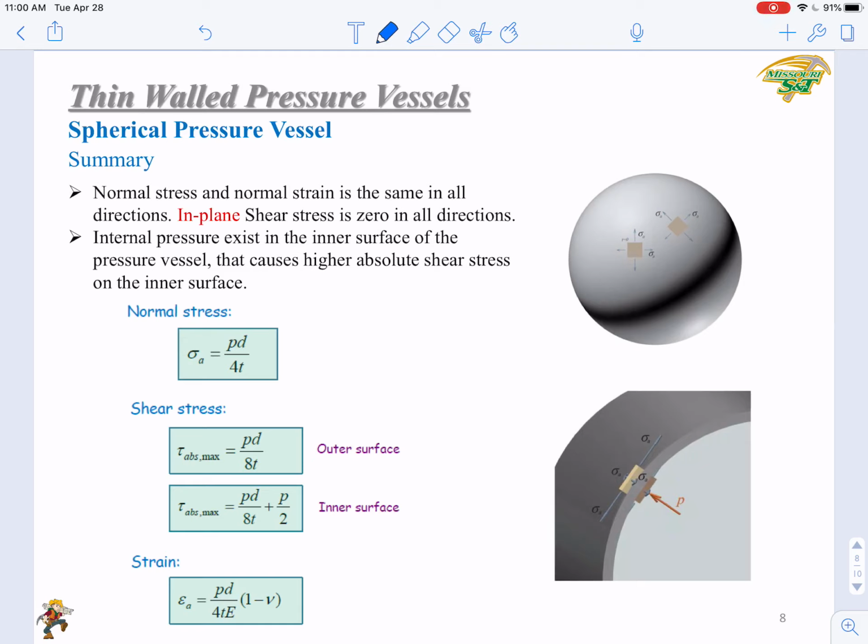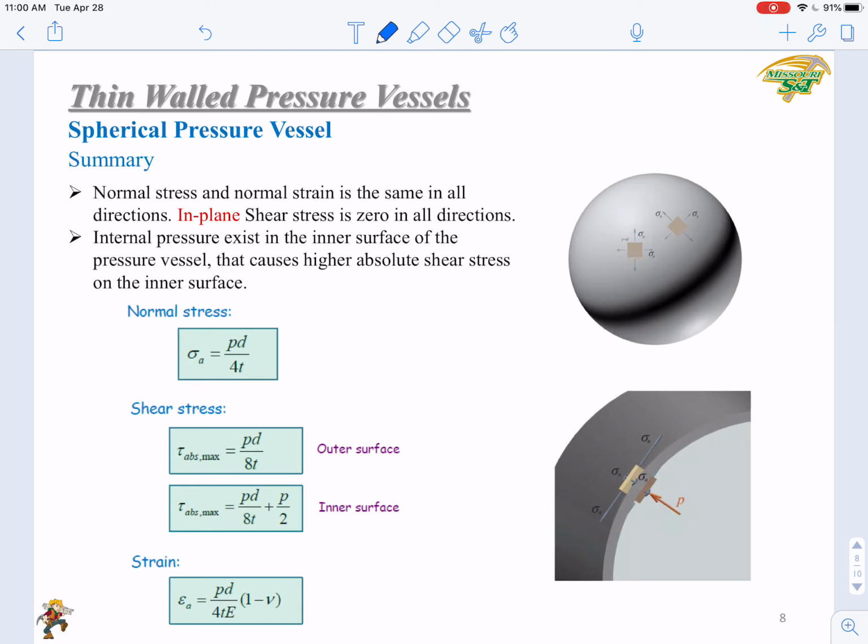And the 4th equation is used for strain calculation. You can see that this is a normal strain on the wall. This is derived from the generalized Hooke's law, 2D case. When you have a 2D element with sigma A here and also sigma A here, what is the strain along any one of those 2 directions?